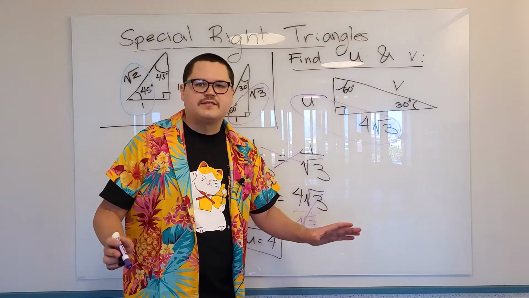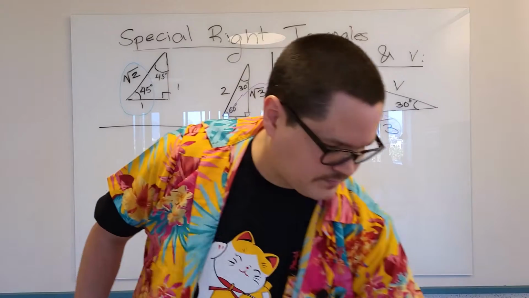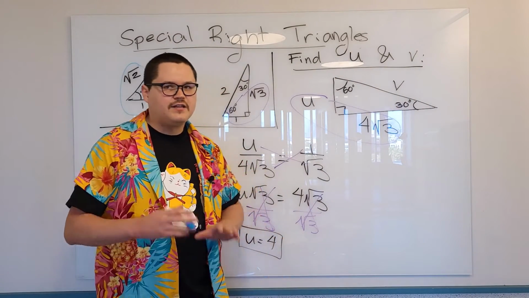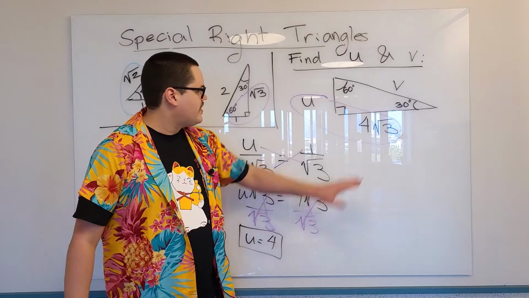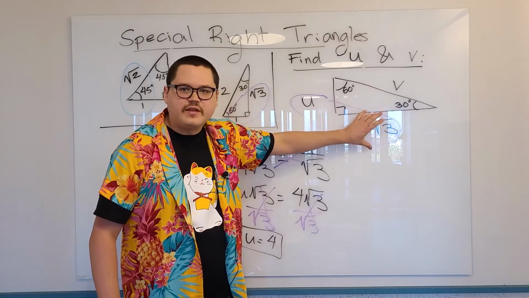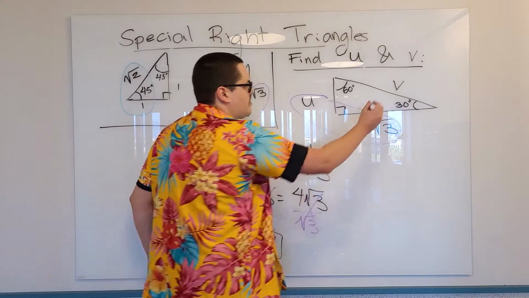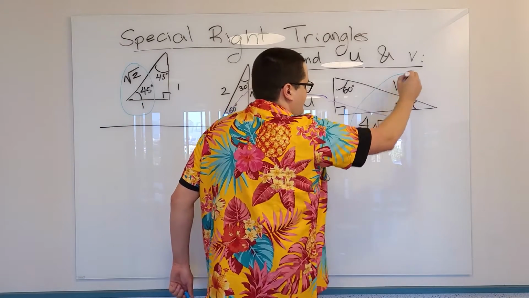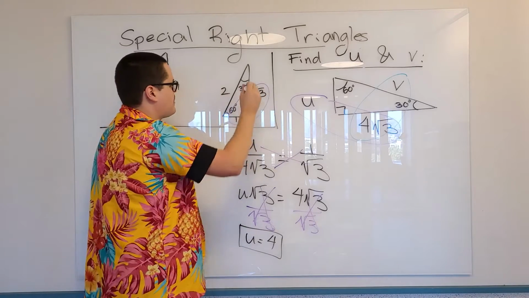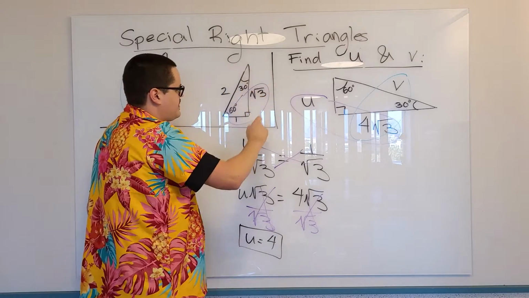Okay, now what about v? Same thing, same difference. So v is the long side. Let's set up a ratio. We were given this first, so let's use the long side and the medium side that we were given. So long to medium has to equal long to medium on this triangle. So that's the long side, that's the medium.